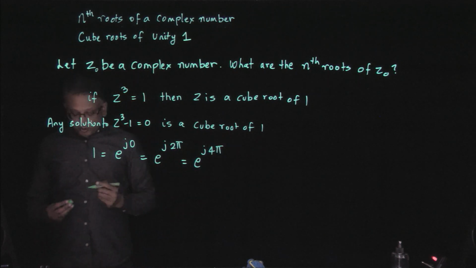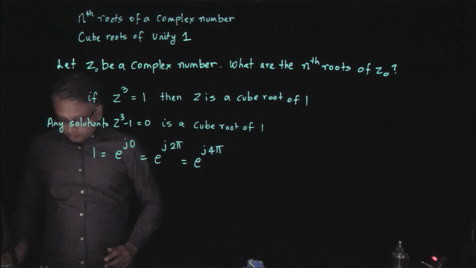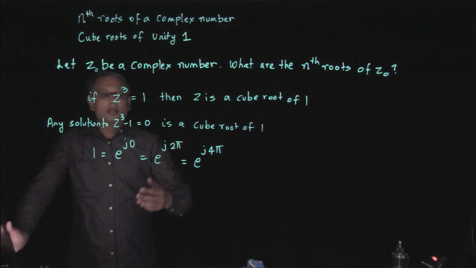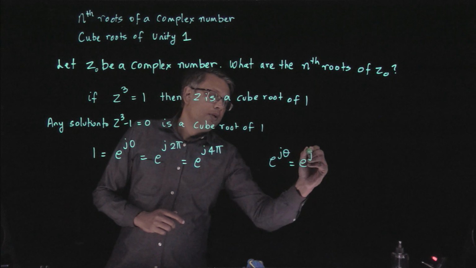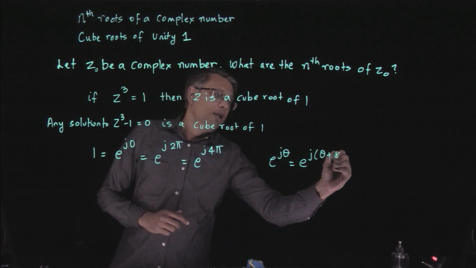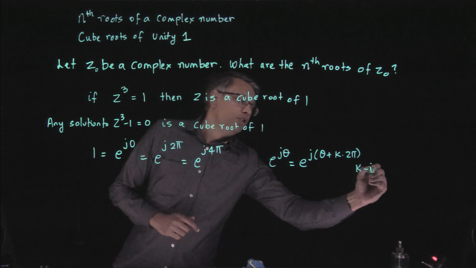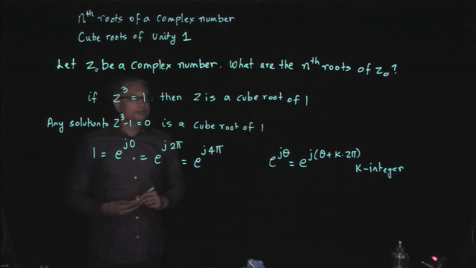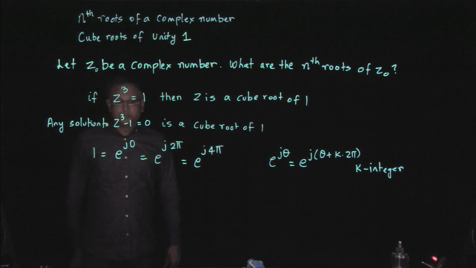And indeed, we can keep going like this, but you will see soon that it's not necessary to go any further. And I did make another video earlier where we talked about why e to the j theta is equal to e to the j times theta plus any integer multiple of 2 pi, k being an integer. Right? So I used k to be 1 and 2, and we know this to be true.